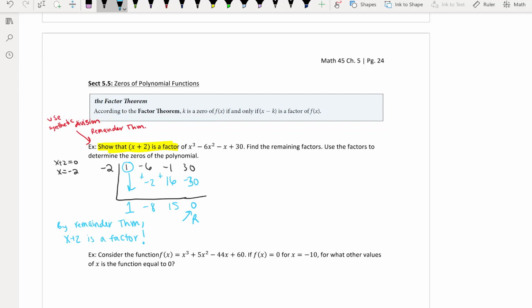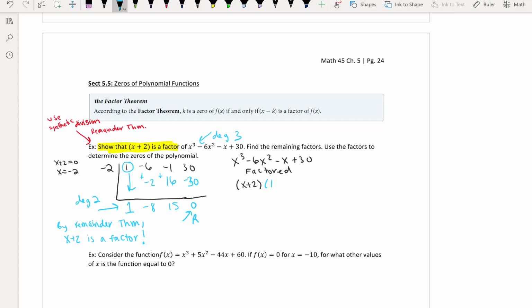So now I have that x cubed minus 6x squared minus x plus 30 can be factored. And so far, some of the factors that I have found is the x plus 2, and the other factor that I have found, since this is degree 3, then 1 less is going to give me degree 2.